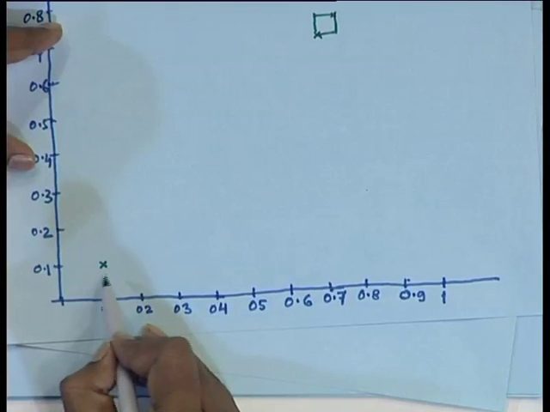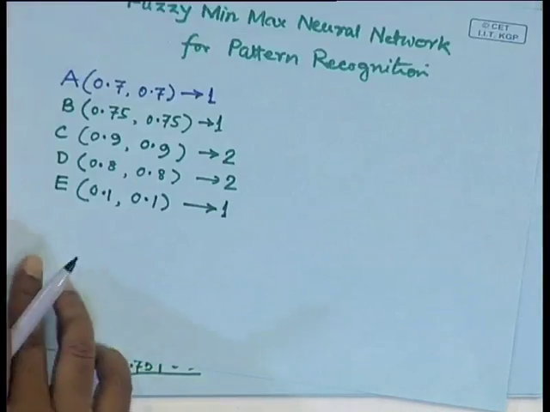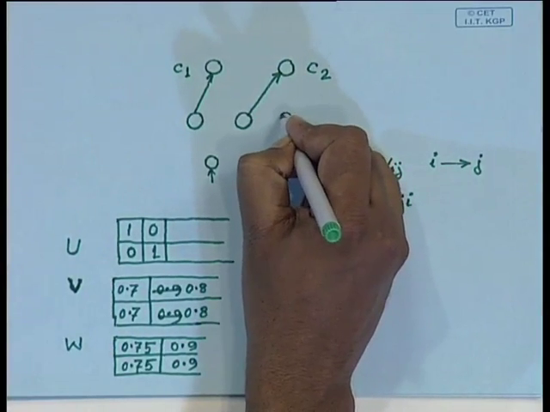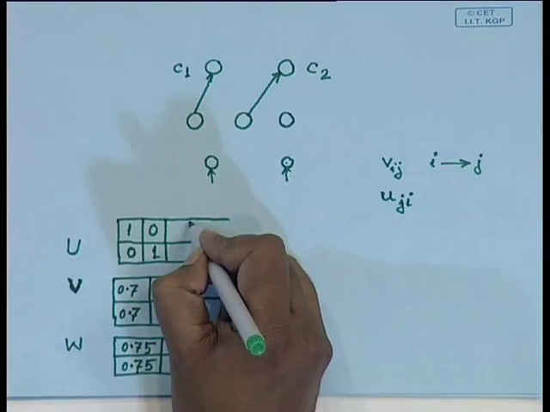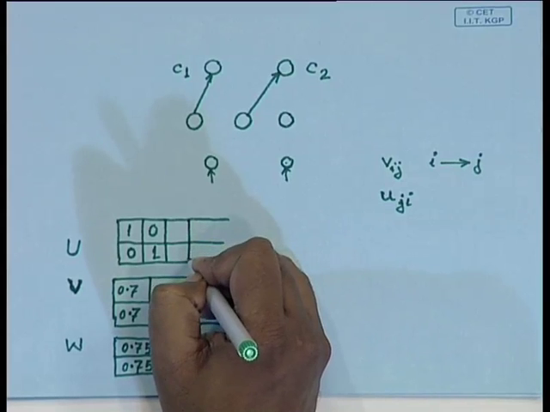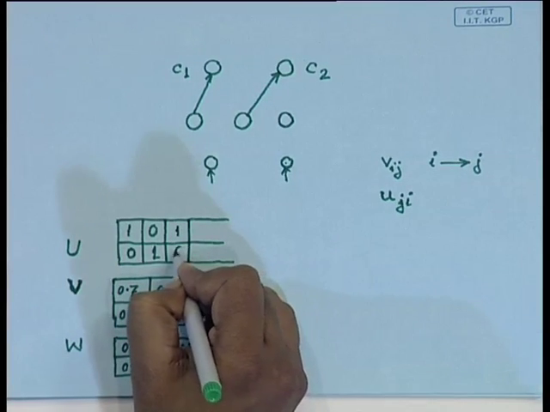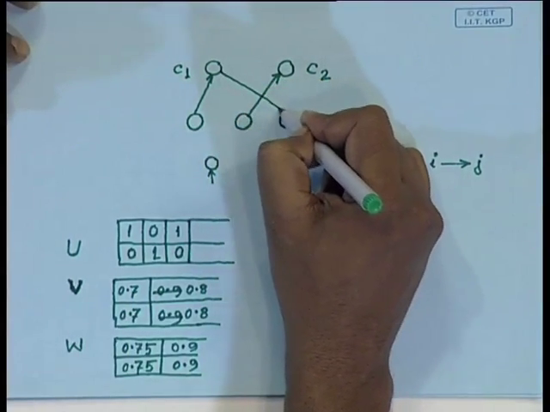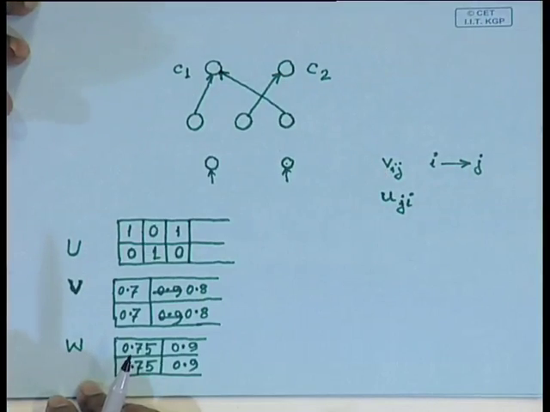So, I have to generate a new node for this hyperbox, and that new node I have to generate over here, and as I know that this belongs to class C1, the corresponding entry in my matrix U has to be 1, 0, indicating that this node belongs to class C1.